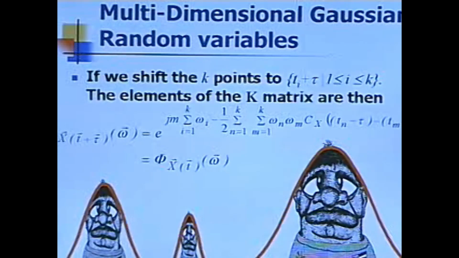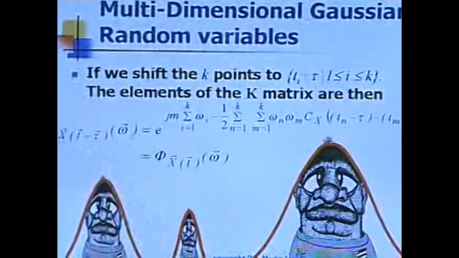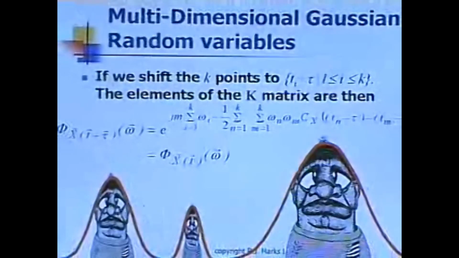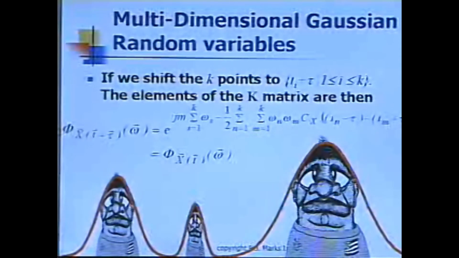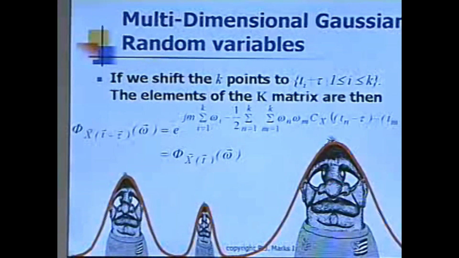So because these characteristic functions for the shift are exactly the same as for the unshifted, and it's true no matter what value of k you choose, and it doesn't matter where you choose those points, then we conclude from a wide sense stationary assumption for Gaussian processes, we can assume strict stationarity. We've just proven that.